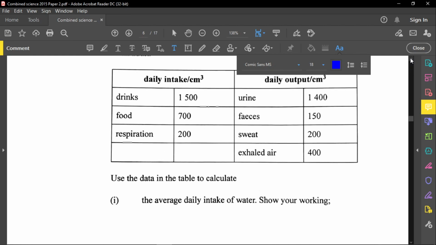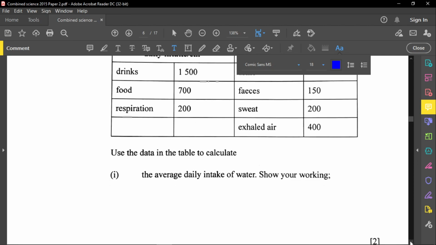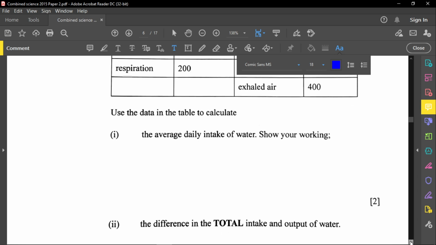And so for here, the intake will only be 1,500, 700, and 200. So we're going to add up these numbers: 1,500 plus 700 plus 200, and that will give us 2,400.